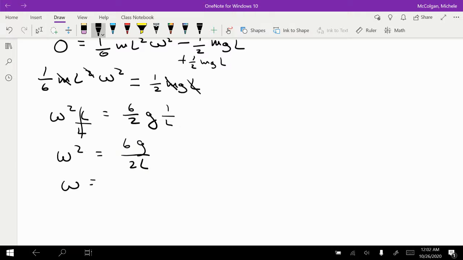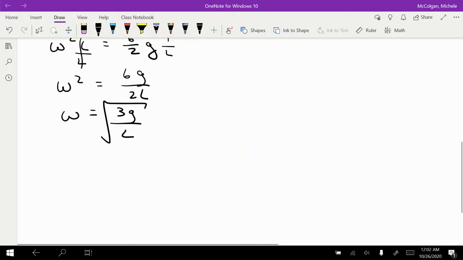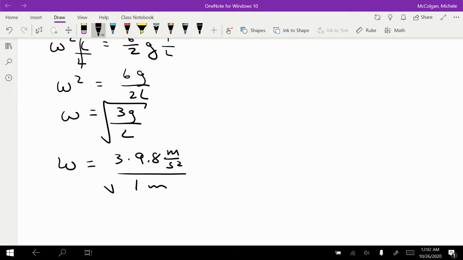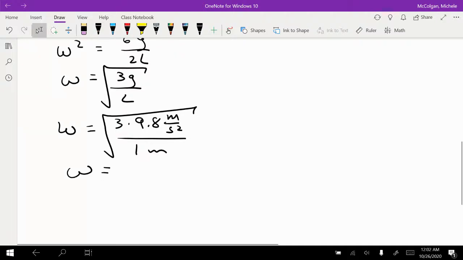So omega is equal to the square root of 3g over L. When I plug numbers in, I get omega is equal to the square root of 3 times 9.8 meters per second squared divided by 1 meter, which is 5.4 radians per second.